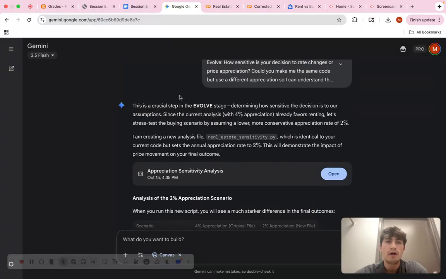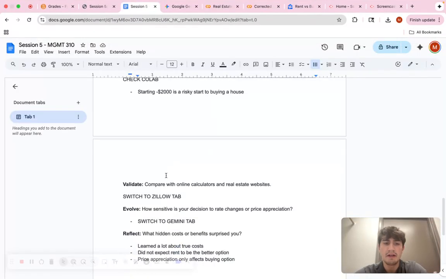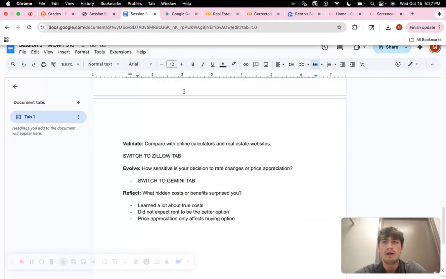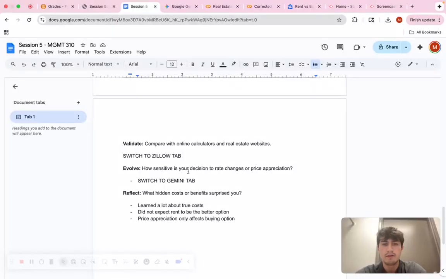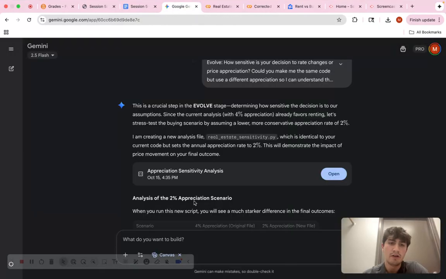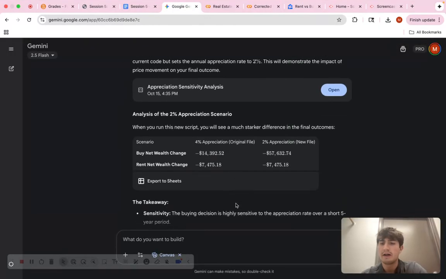And then, after I validated what I found, I went into the evolve stage, which is how sensitive your decision is to the rate changes or price appreciation. So we worked with the price appreciation, and I wanted to find out the relationship between if appreciation goes down, how will it affect the buying, because rent will never be switched by it.